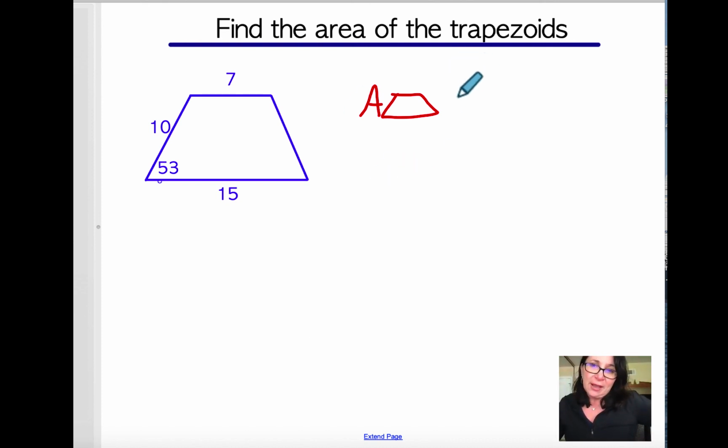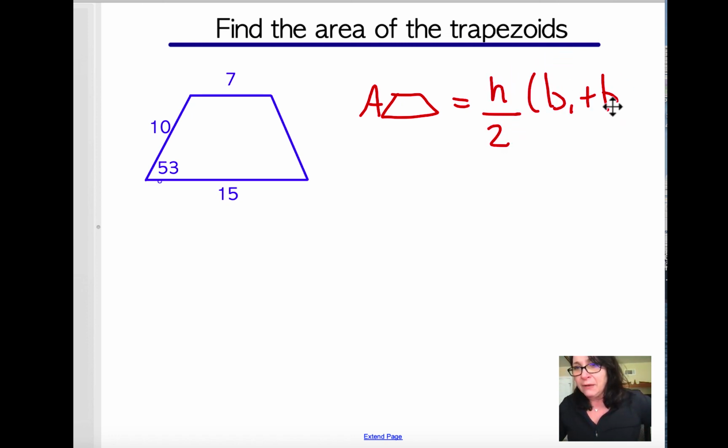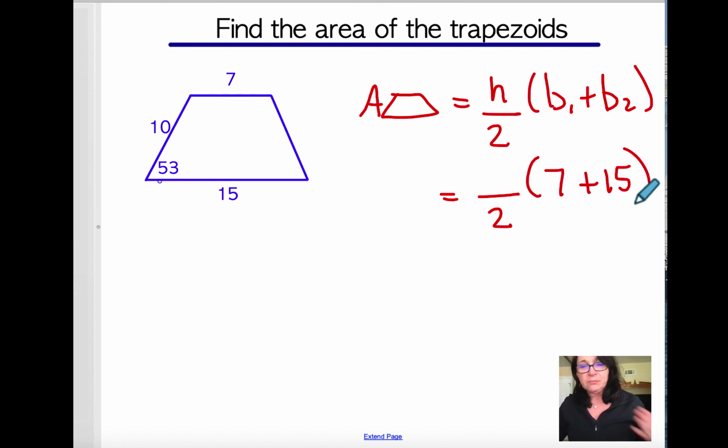So the area of this trapezoid is going to be, remember, height divided by 2 times the sum of the bases. So what we do know, we don't know the height. We do know that the sum of the bases is 7 plus 15. We know that. So in order to find this area, I need the height. So I'm going to drop this down.